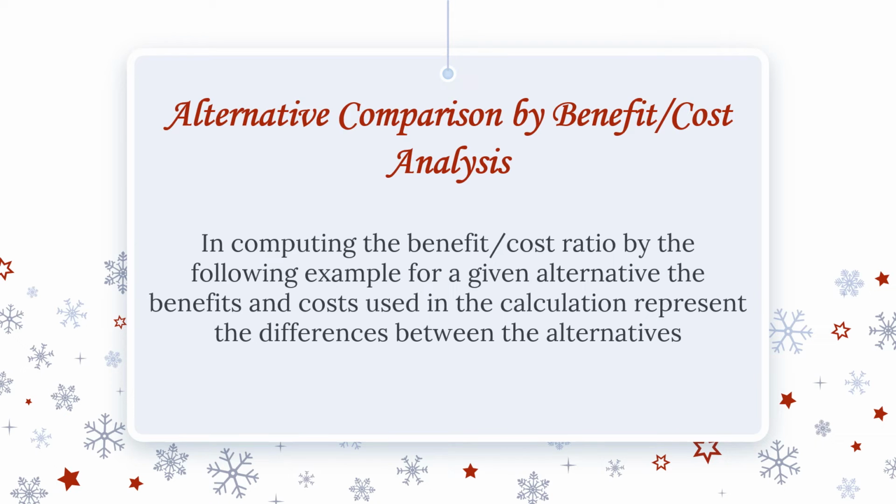In computing the benefit-cost ratio, for a given alternative, the benefits and cost used in the calculation represent the differences between the alternatives. So, dali ra, kung naka-compare duha ka alternative, all you have to do is to subtract one from another, benefit niya, subtract po ang iyahang cost.